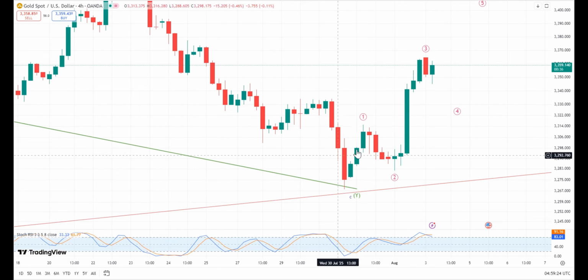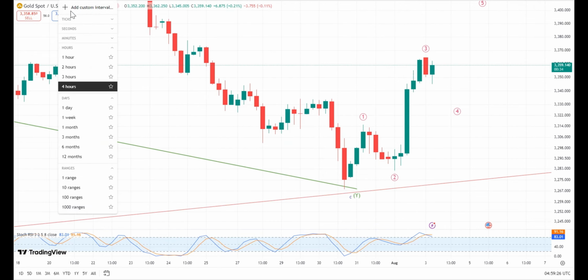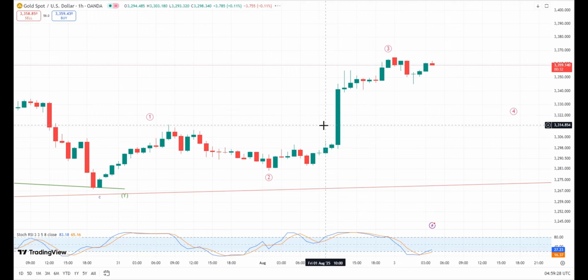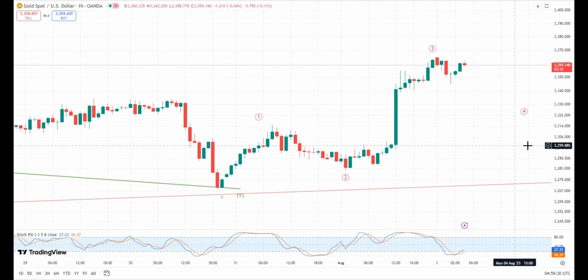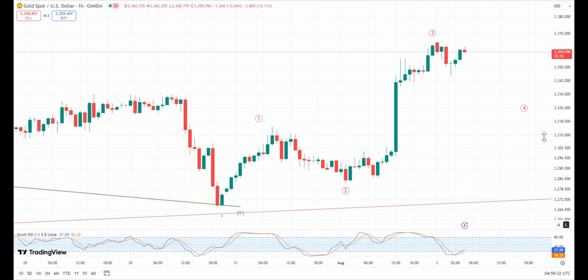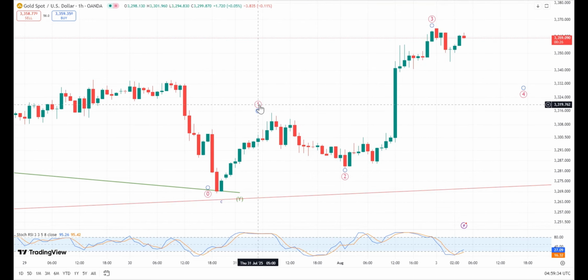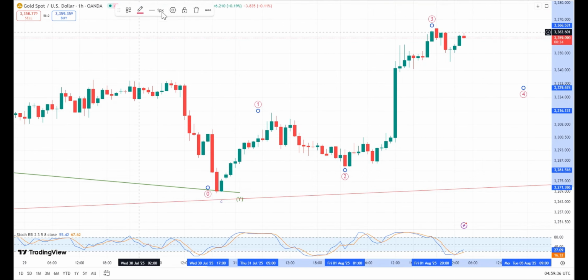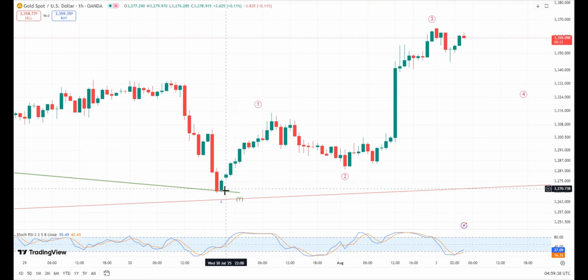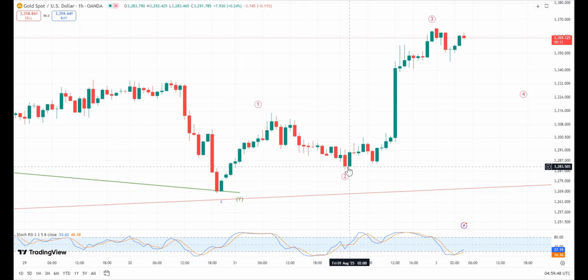So let's drop down to the 1 hour time frame to be able to count the wave within the wave. So in this place we have our wave 1. This is our A, B, C of wave A, and this is our wave B, A, B, C of wave B. This is our C.